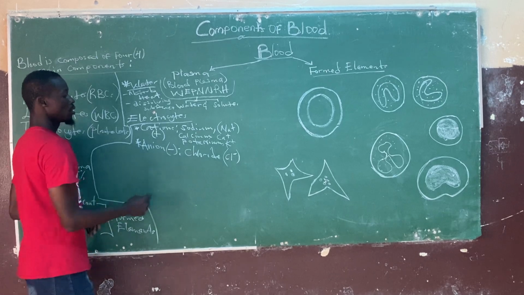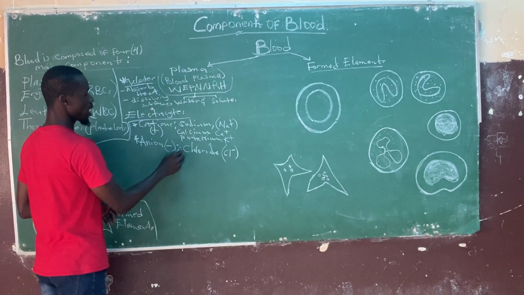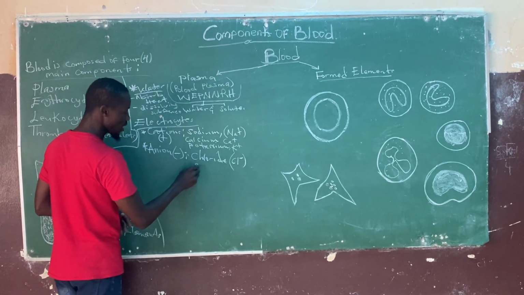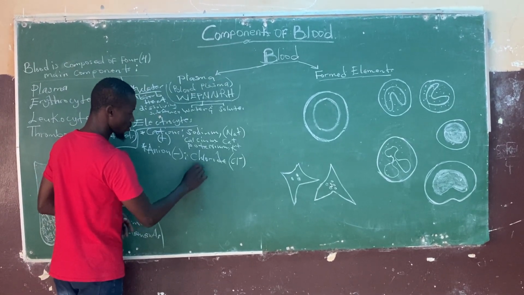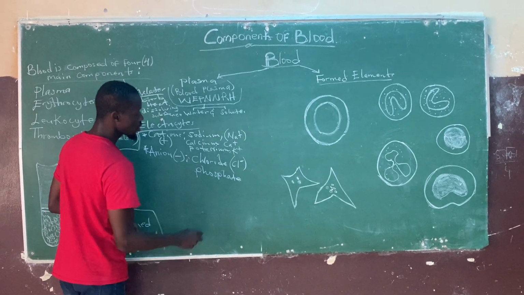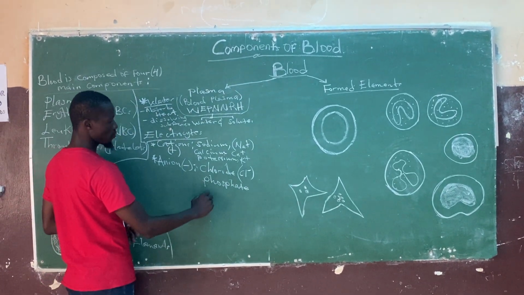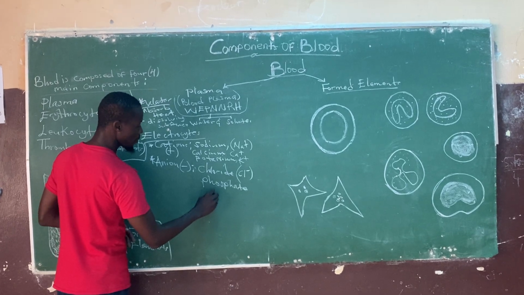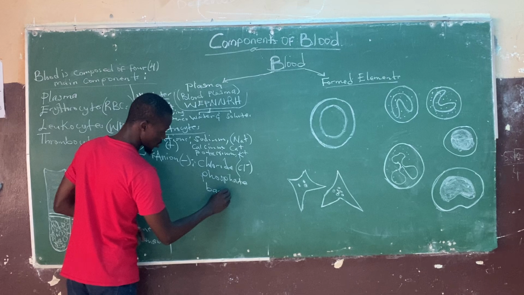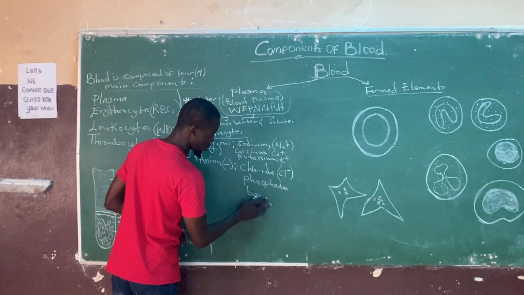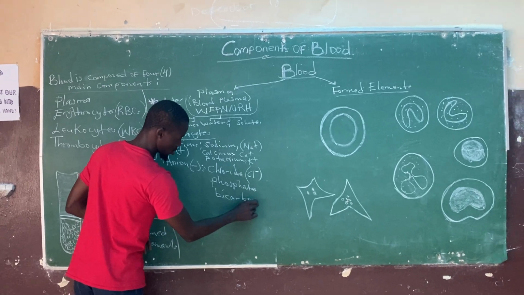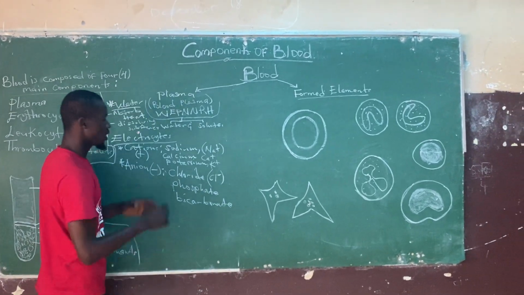So we have chloride, we have phosphate, and we also have bicarbonate, and so on.